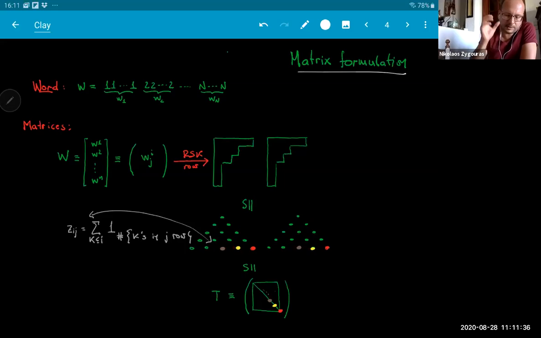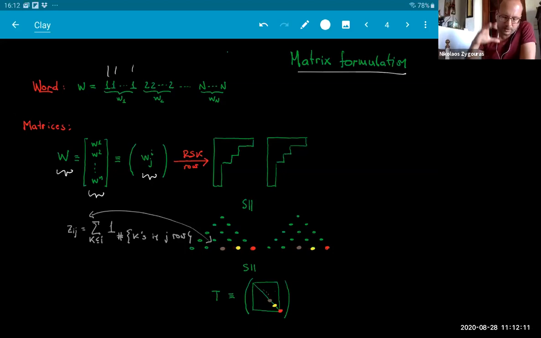Now, instead of just having one word and inserting it letter by letter with the row or column RSK, I think that I have a sequence of words, W superscript 1, W superscript 2, and so on, whose number of letters form a matrix W. So W_ij here, you can think of it as the number of j's in the ith word.